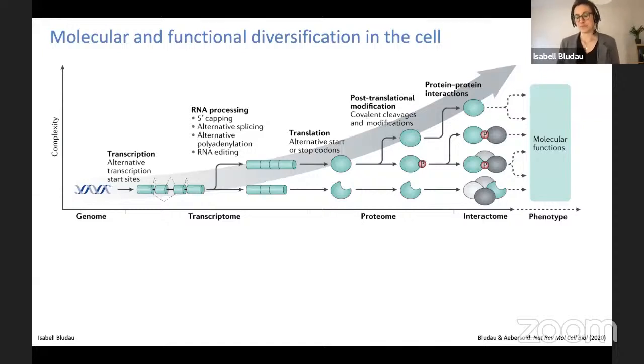And as Lindsay already mentioned, the different interactions of the proteins, their localization and their modifications have a very important impact on the protein's function and the different activities they can perform in the cell.